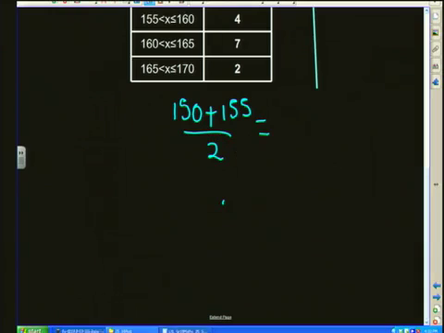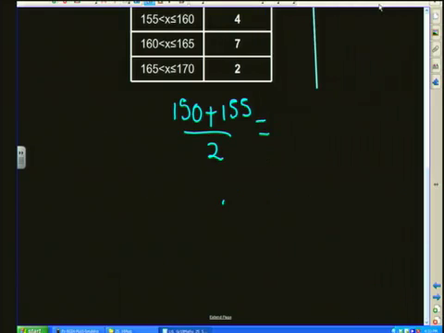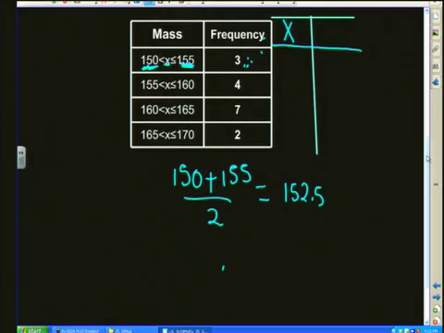And let's use our calculator. So it's 150 plus 155 divided by 2. That gives us 152.5. Can you do this all the way down the table? So first midpoint is 152.5.